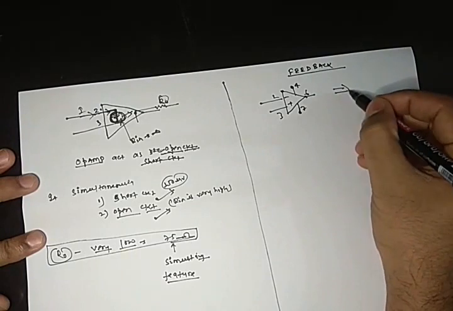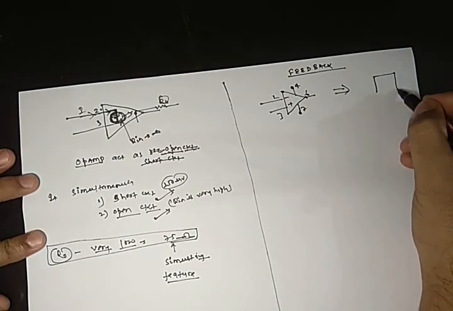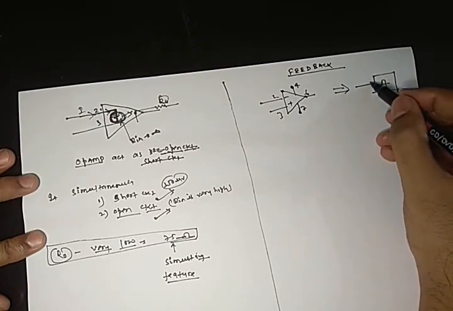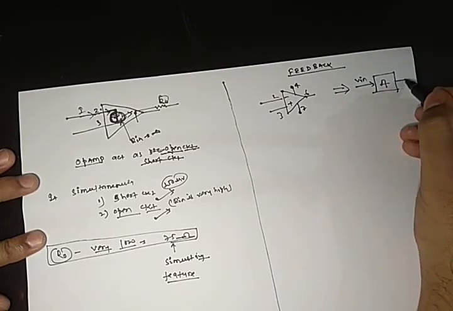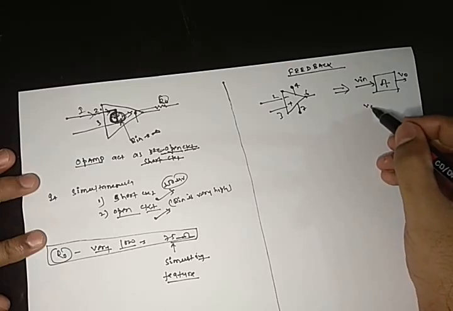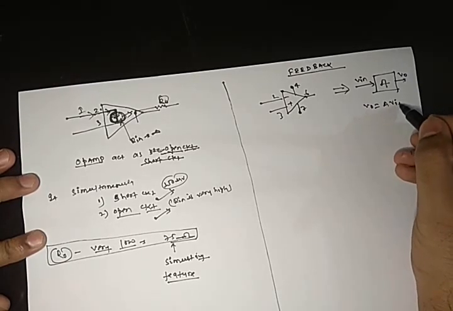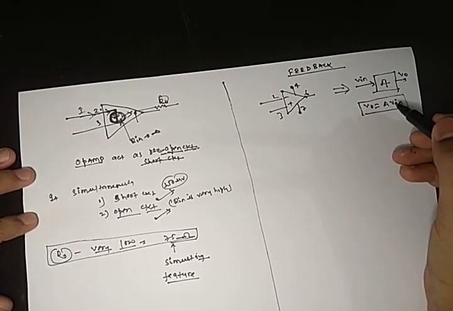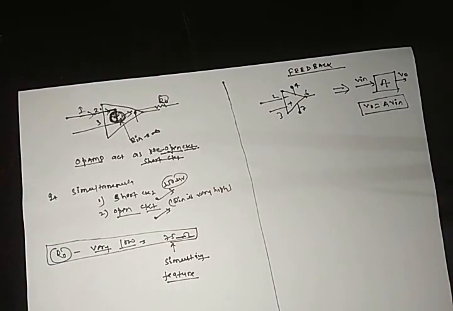Now we are making this with the black box having gain A and having input B in and output BO, where BO is equal to A into B in. This we are representing because Opam gives us gain of A.